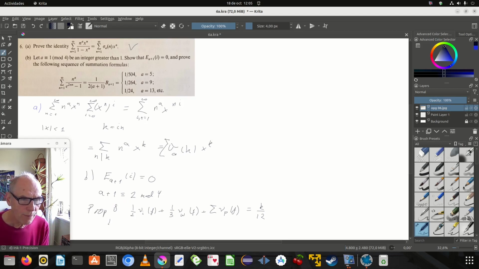Now k is equivalent to 2 modulo 4, meaning we can divide by 2 and no more. So it gives, if it's 2 itself, then it's 1/6.